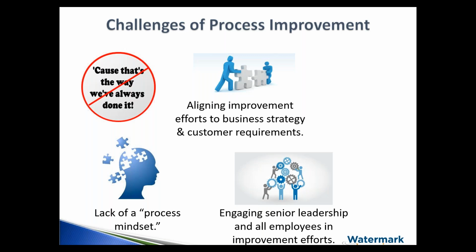So if you want to get their buy-in and their acceptance and not have them resistant to the change, bring them on board. So get the employees on board, get senior leadership on board. You're going to have a better chance of getting engaged, and then being able to sustain the results.